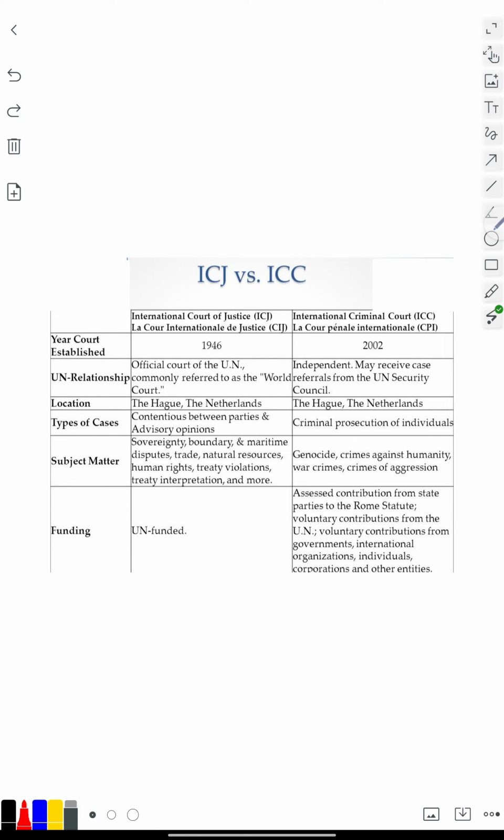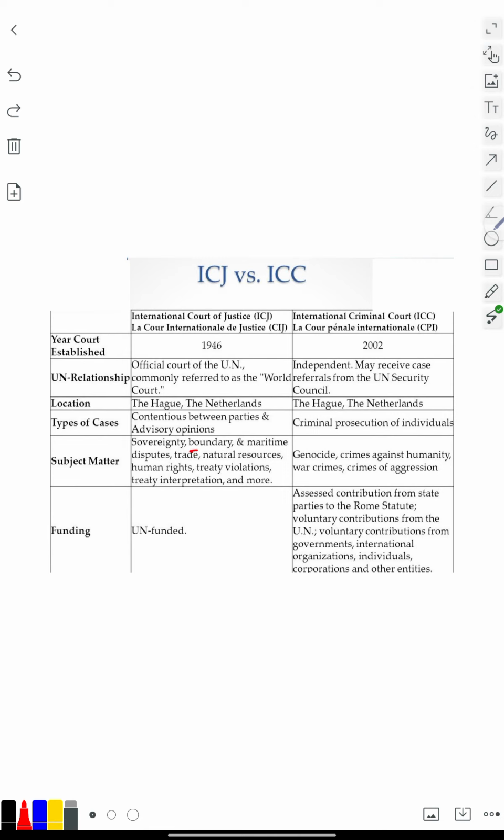The headquarters of this ICJ is in the Hague, Netherlands. The types of cases that the International Court of Justice deals with are majorly political disputes between countries, like the boundary between two countries, for example, Pakistan and India, and India and China.